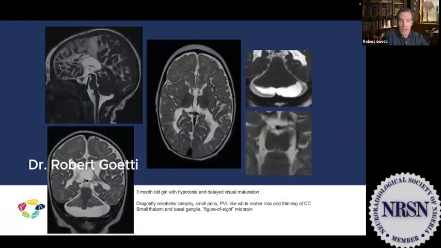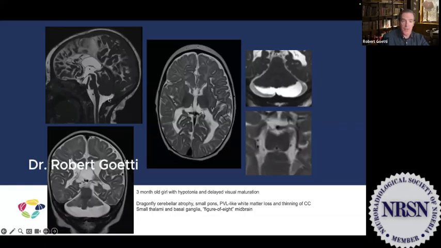This next patient, I did not know this diagnosis when I first saw them. I assumed that they had some sort of perinatal or antenatal insult. You can see supratentorially there is a lot of white matter volume loss. It almost looks like PVL. There are hypoplastic or atrophic basal ganglia. There's a really thin, if not absent, corpus callosum.